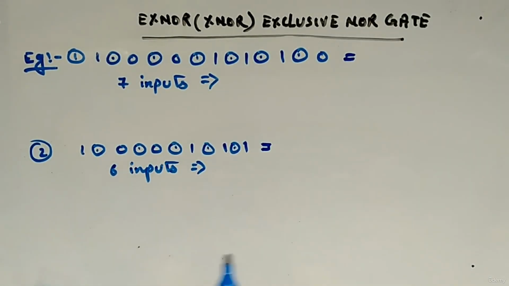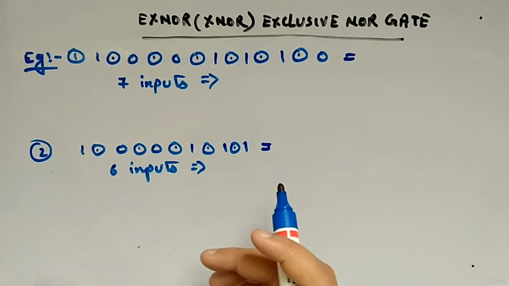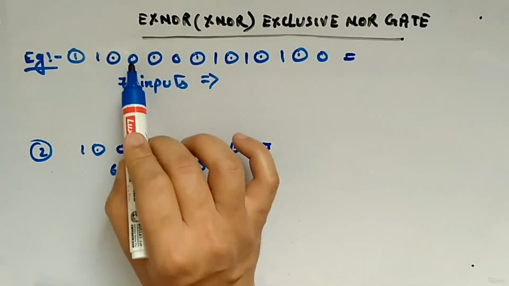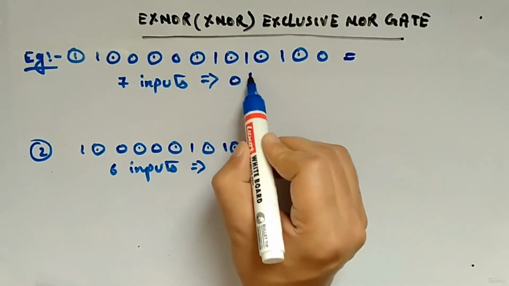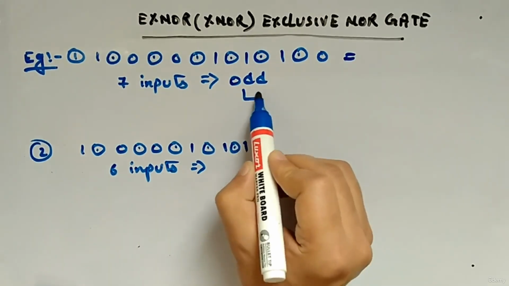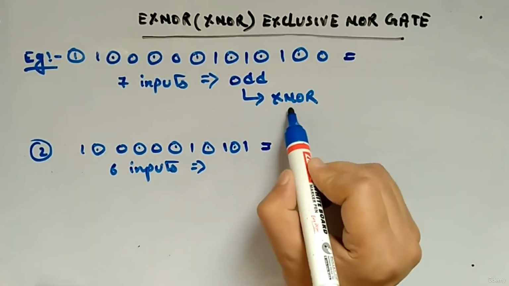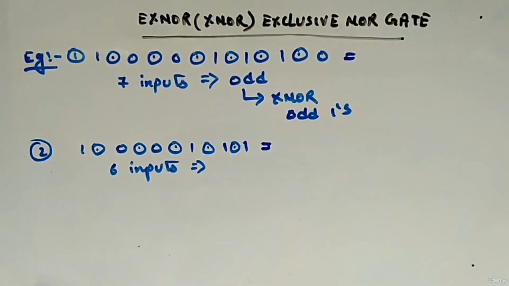Directly, you don't have to come up with any logic, you just see how many inputs there are. 7 inputs, 1 2 3 4 5 6 7. 7 is odd, and for an odd number of inputs, XNOR works as an odd number of ones detector.